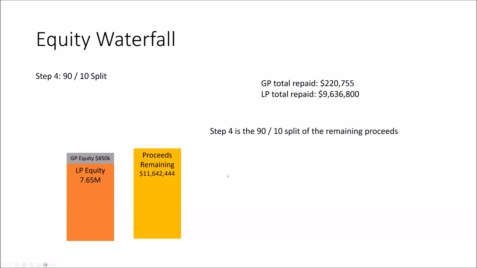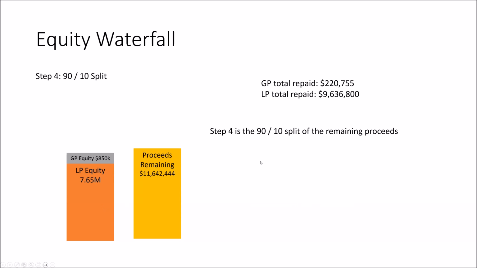So in this scenario, we're now at a 90-10 split for the remainder of the proceeds. This is the typical, it's normally done based on the amount of the equity brought to the table at the start. In this scenario, LP brought in 90% of the equity, GP brought in 10% of the equity.